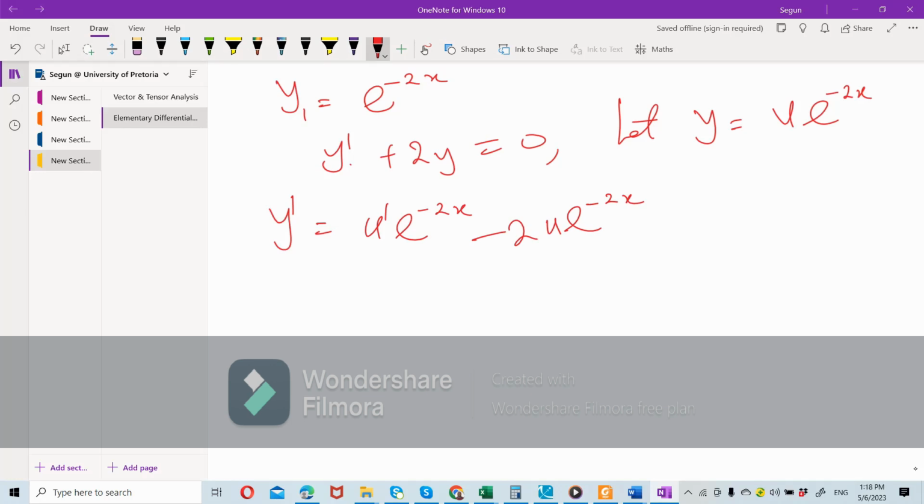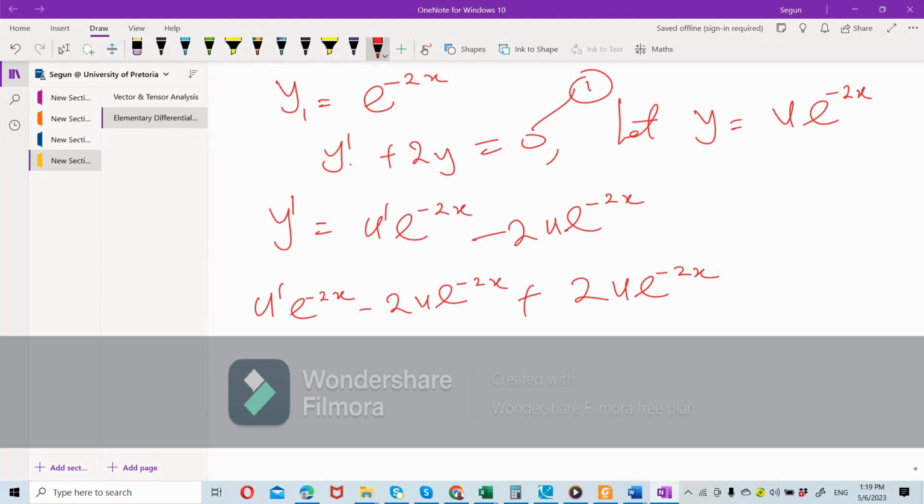So I can substitute it into this equation. Call this one equation 1. Equation 1 becomes what? u prime exponential minus 2x minus 2u exponential minus 2x plus 2y, what is y? y is u exponential minus 2x. So I can match the two together. At the end of the day, if I add the two together, is anything in common?